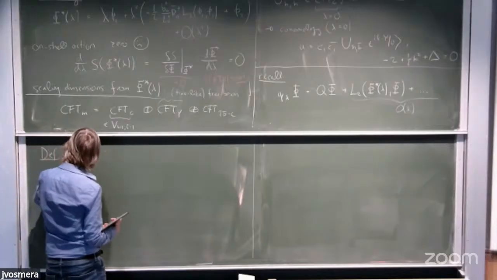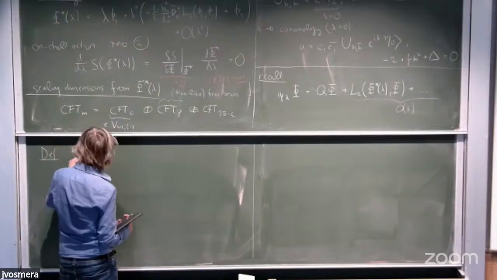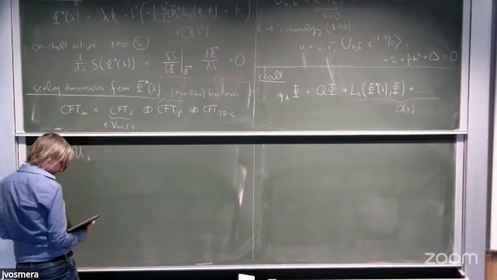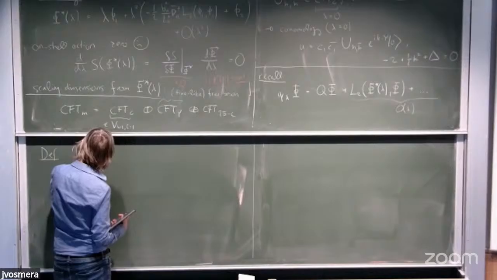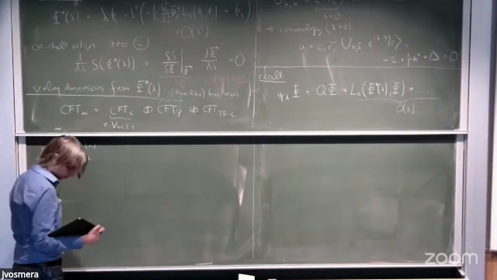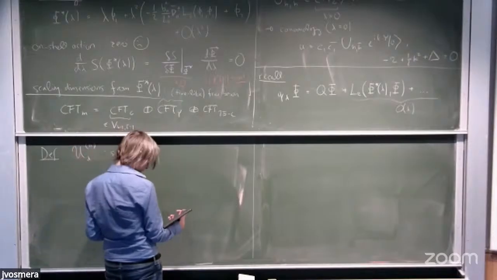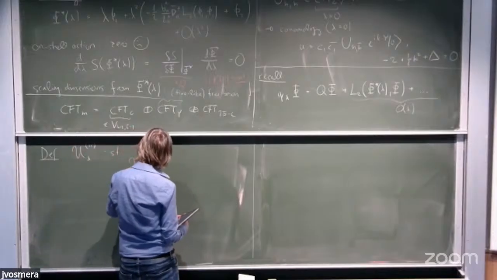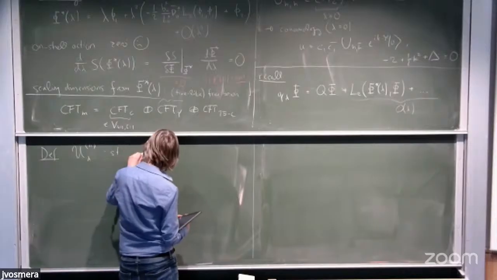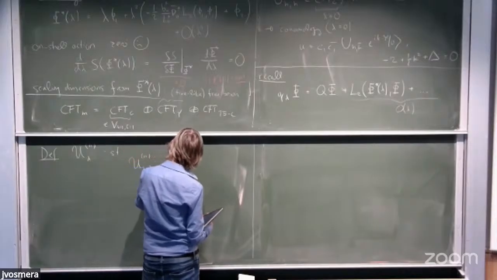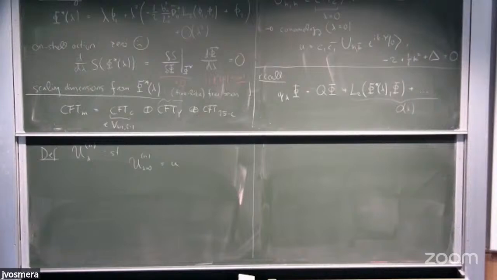So we'll be looking for elements in the cohomology, U lambda with bracket n, such that at lambda equal to 0, these will all be just the original undeformed state U. That state over there. Okay.